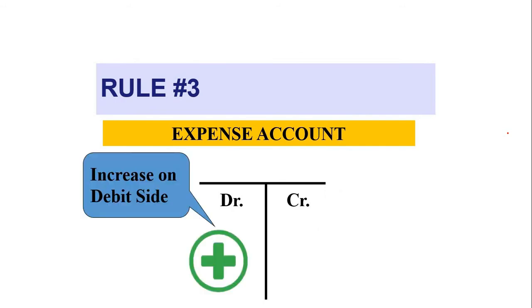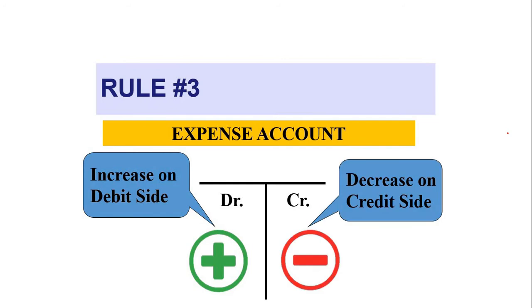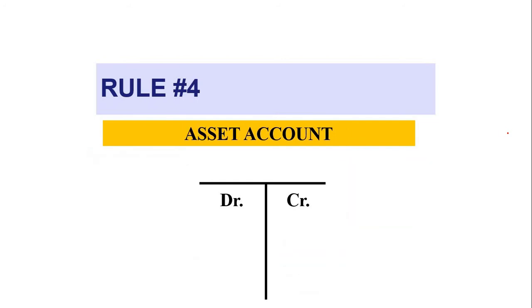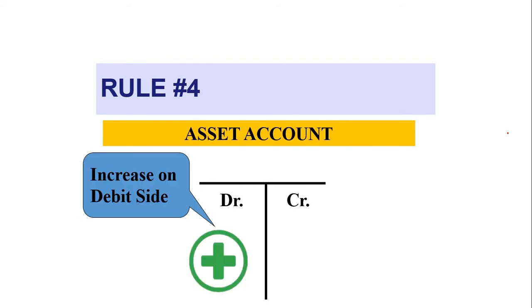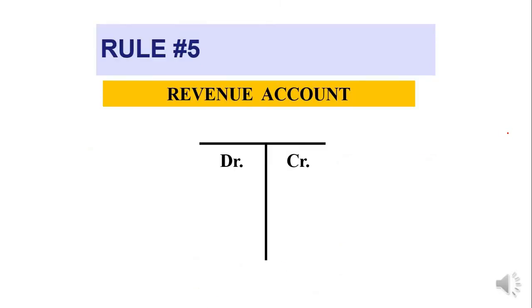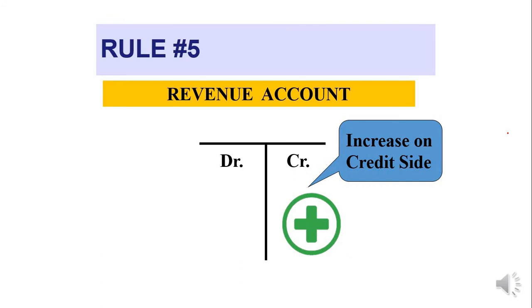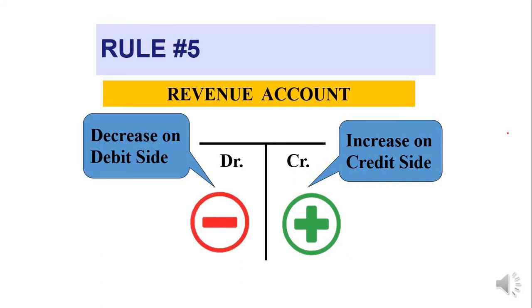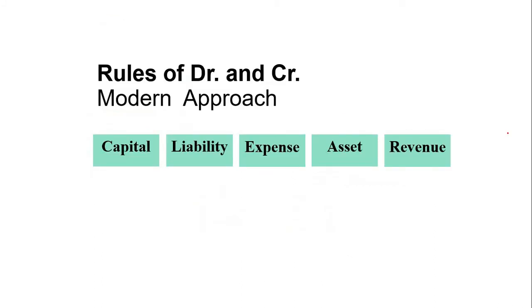If there is an increase, debit. If there is a decrease, credit. Similarly for asset also, same rule what we did for expense. Increase to be debited, decrease to be credited. And for revenues, the rule is increase is credited and decrease is debited.